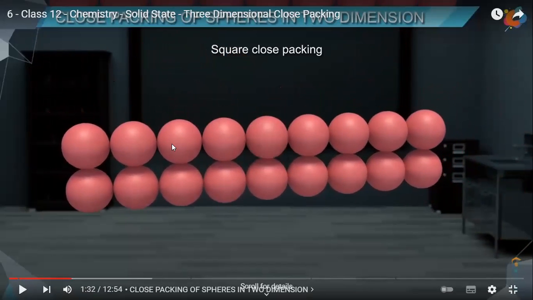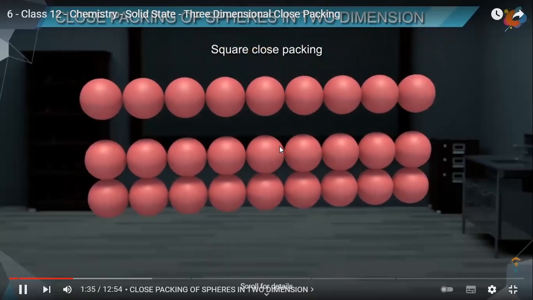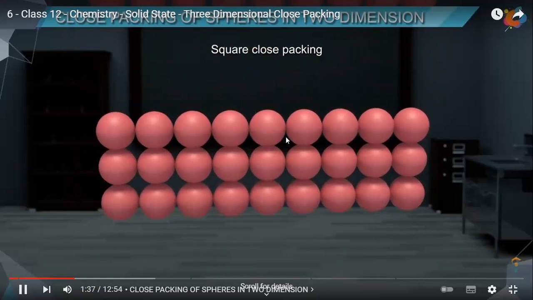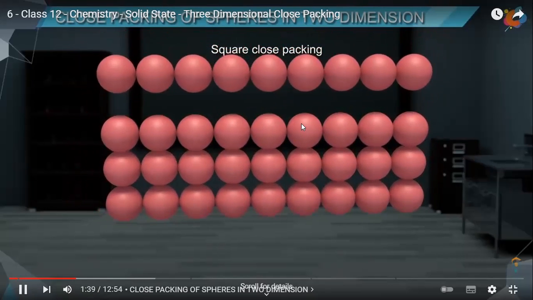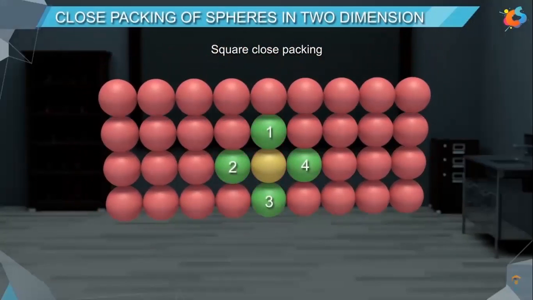In the square close packing in the 2-dimensional way, the second row is placed exactly above the first row. The spheres are aligned horizontally and vertically such that each sphere is in contact with 4 other spheres.